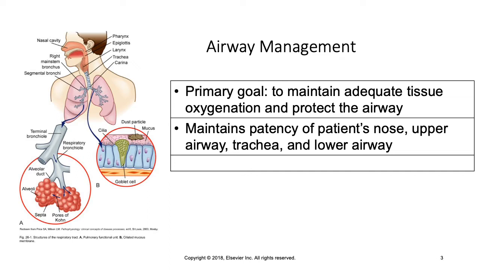Cilia line the airway from the trachea to the bronchioles. These cilia beat rhythmically, moving mucus towards the mouth. You'll also see the goblet cells. These cells are the mucus-producing cells, and this mucus traps debris and particles.